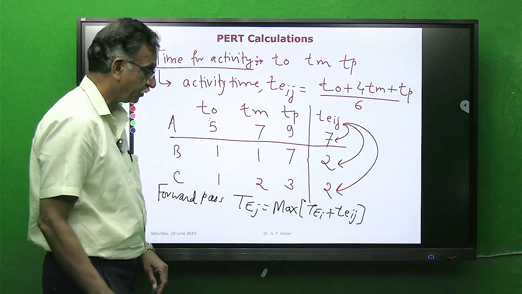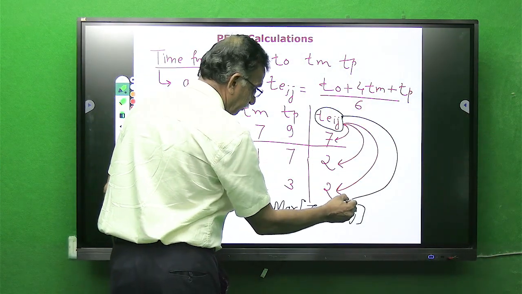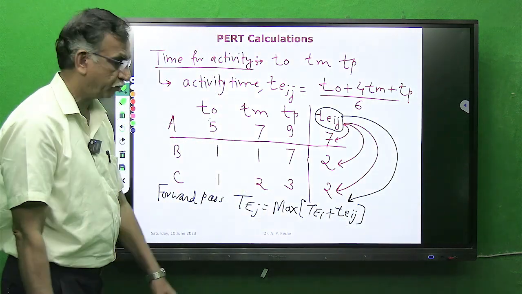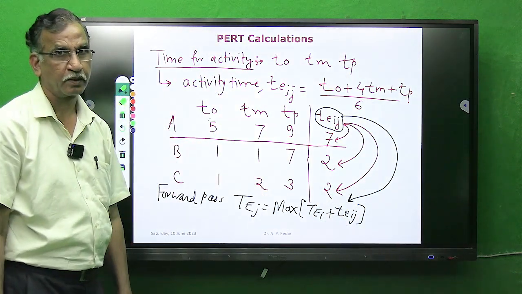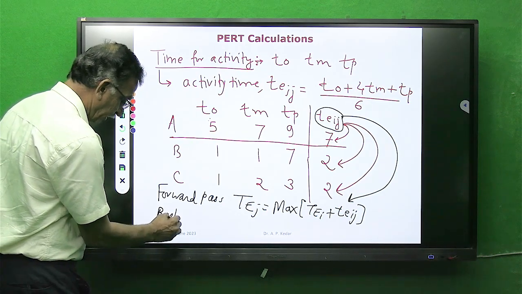Now remember, this TEIJ which we have calculated will be applicable here, and then you have to use backward pass.